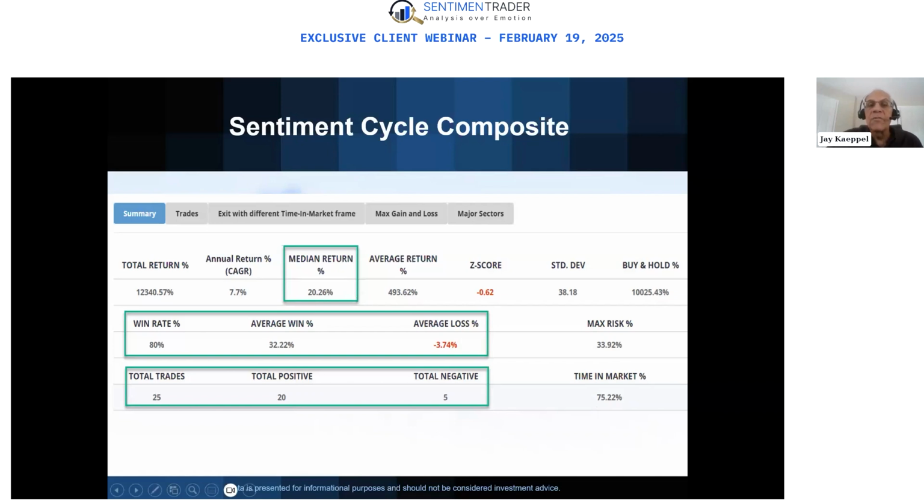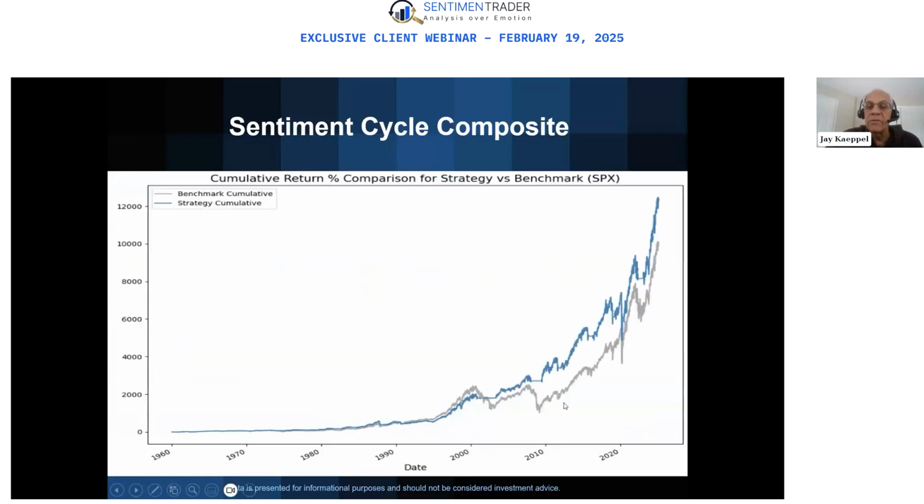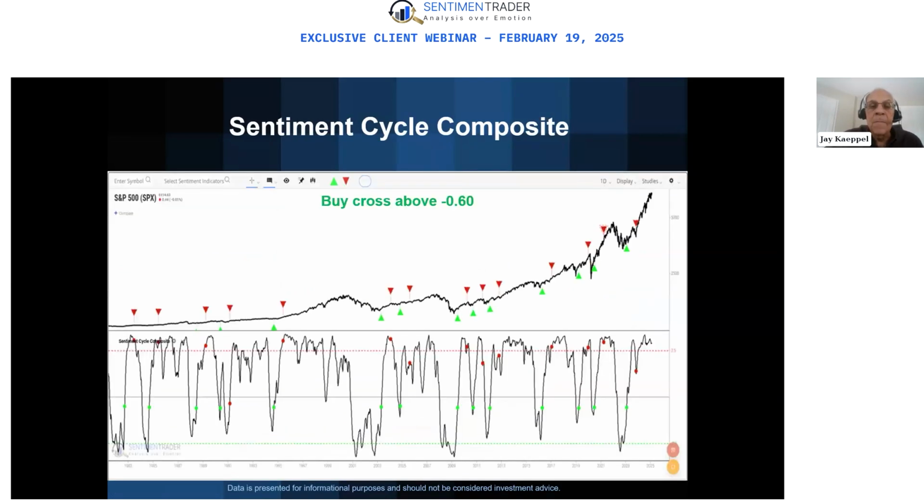Another use I think I've found for this is in terms of a trading mindset. Well, I'm sorry, let me finish. This is the equity curve of the strategy that I just showed you versus the S&P 500. Blue is the cycle composite strategy return versus the S&P, which is the gray.